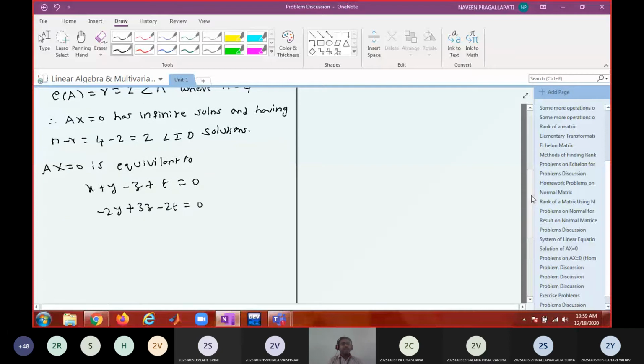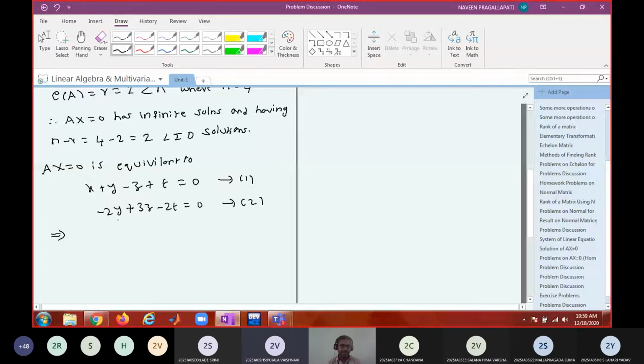Fine. So which one do you want me to express? Y in terms of z and t, or z in terms of y and t, or t in terms of y and z? Which variable is better to take in terms of the other variables?